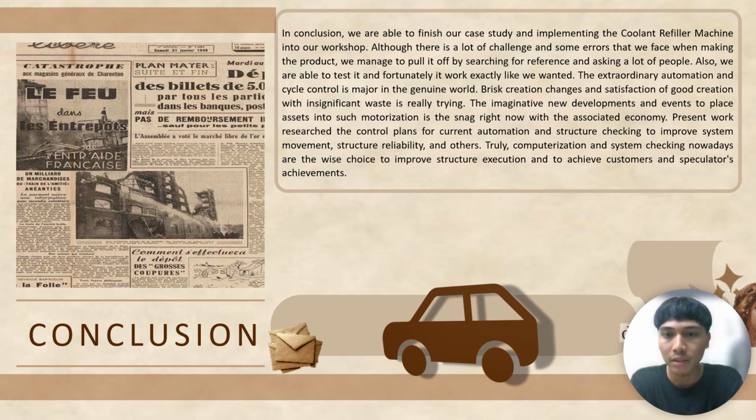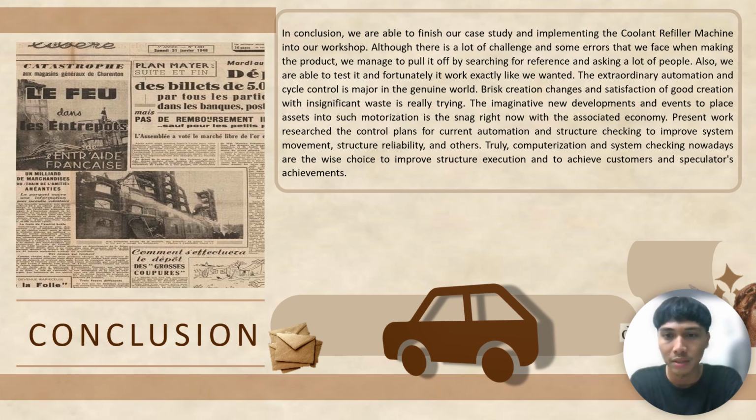The extraordinary automation and cycle control is major in genuine work. Risk creation, chance and satisfaction of good creation with insignificant waste is really trying. The imaginative new development and even placing assets into such motorization is the trend right now with the associated economy.